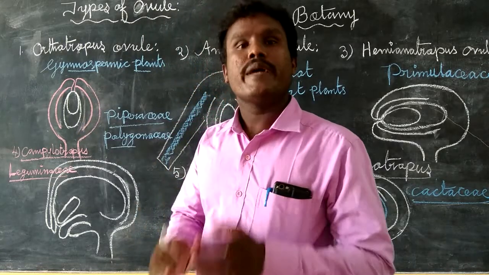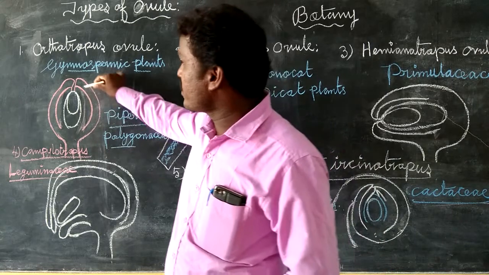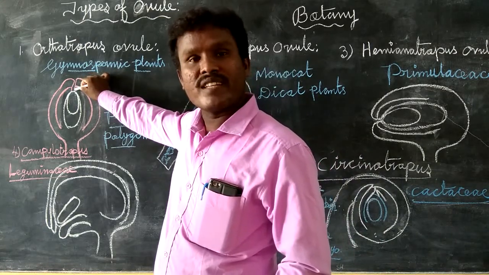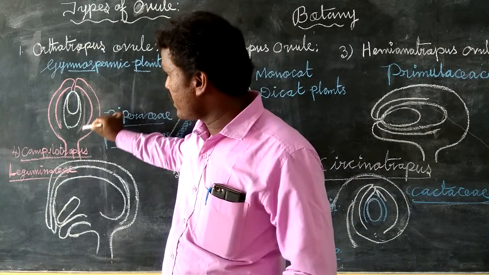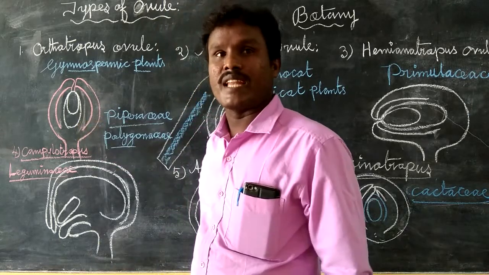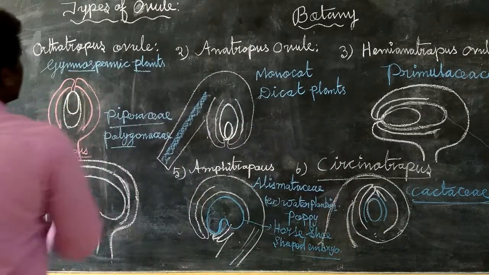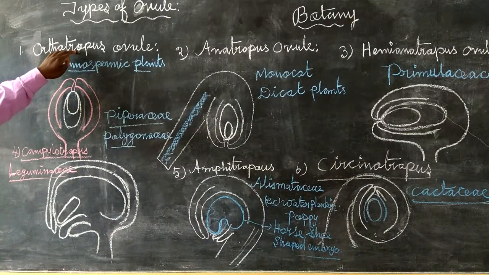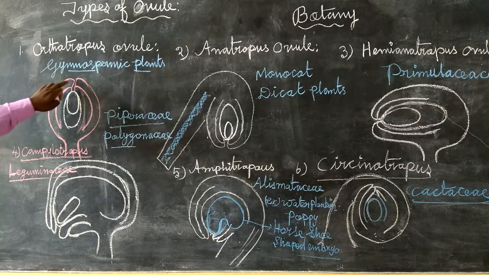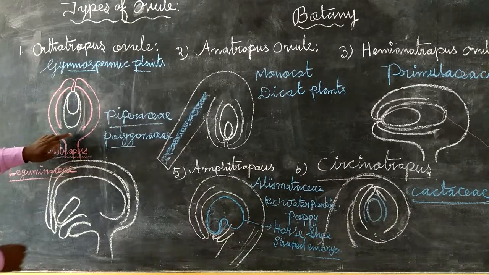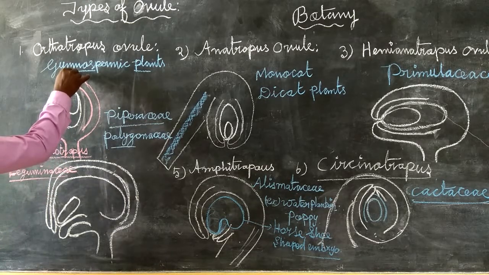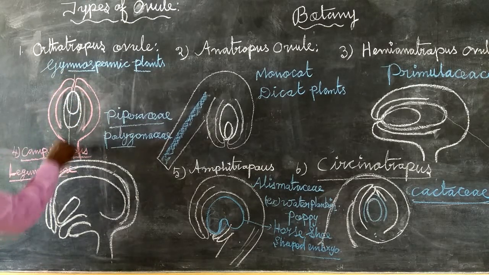You must know the basic concept. Which is the top of the ovule? The micropyle region is the top of the ovule, and the base of the ovule is said to be the chalaza. First one, orthotropous ovule. Orthotropous ovule means the ovule in which the micropyle, chalaza and funicle are arranged in a straight line.